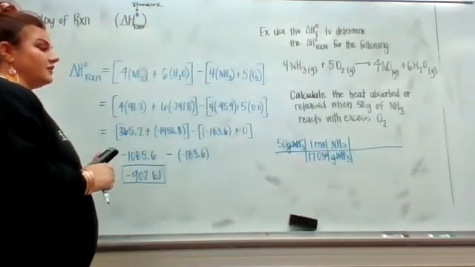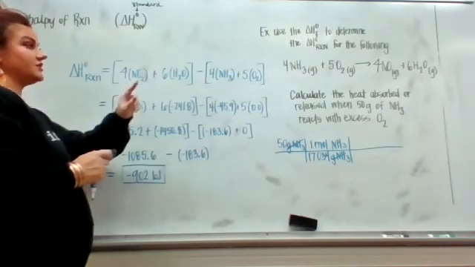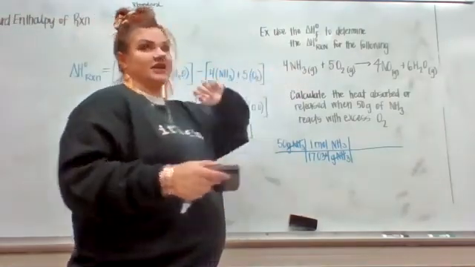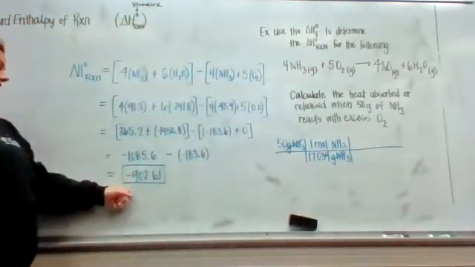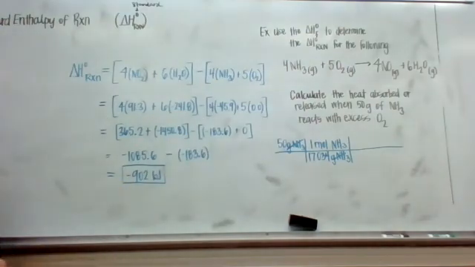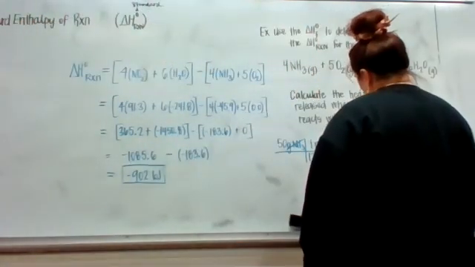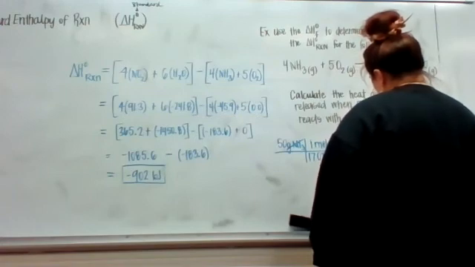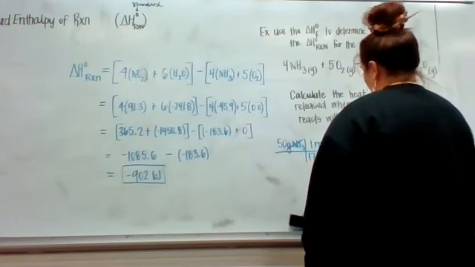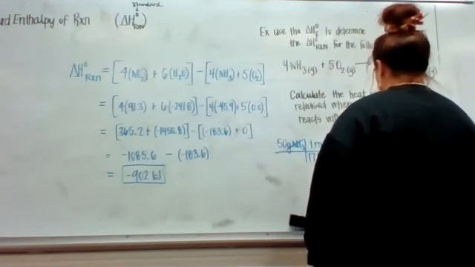Okay. Then I just found that for every 4 moles of NH3, I release 902 kilojoules of heat. Okay, so that's what's next. 4 moles of NH3 give off 902 kilojoules of heat.